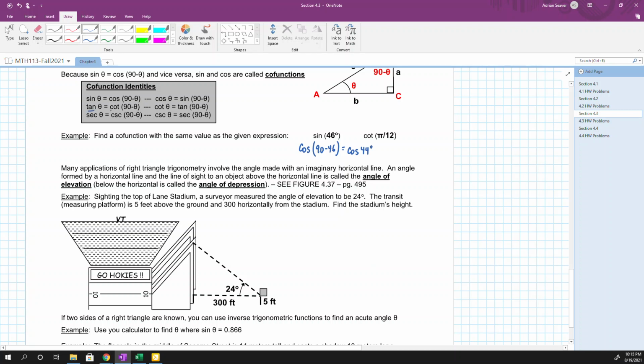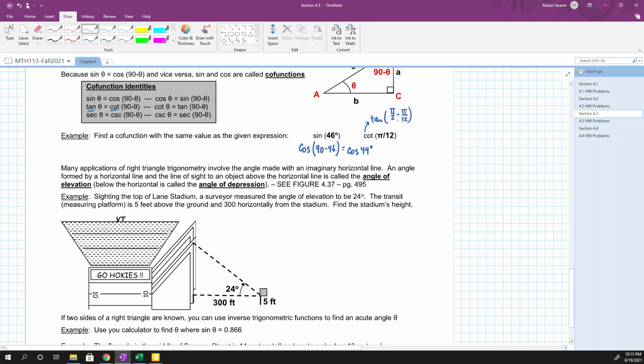Tangent and cotangent are cofunctions. Same with sine and cosine. Secant and cosecant are cofunction identities. So for cotangent, I'm going to use tangent. That's the same as the tangent of pi over 2 minus pi over 12, right? Because it's in radians.